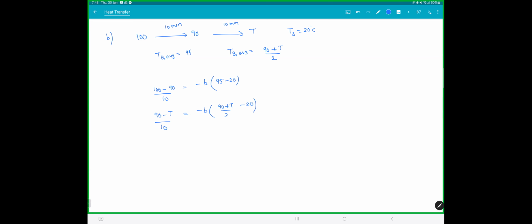Divide them. You will get 10 by 90 minus T is equal to 75 by 25 plus T by 2. Cross multiply: 50 plus T is equal to 15 nines, 1350 minus 15T. 16T is 1300. This guy is 81.25 degrees Celsius.